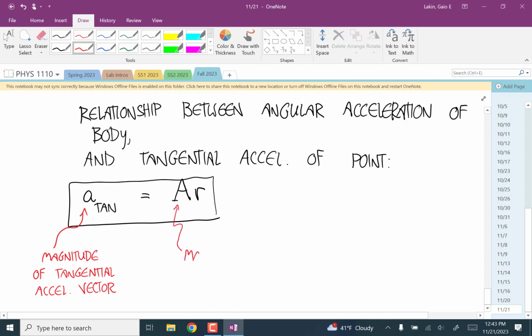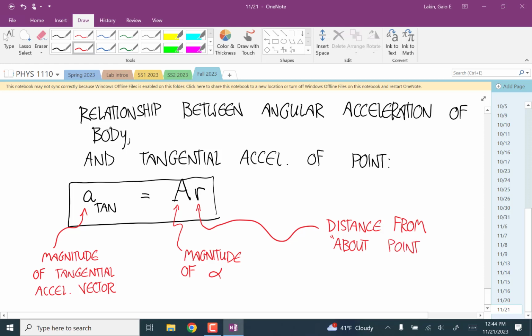Capital A is the magnitude, or absolute value, of the angular acceleration. You chop off the sign and just use the absolute value. And r means what it did before, the distance from the about point to the point.